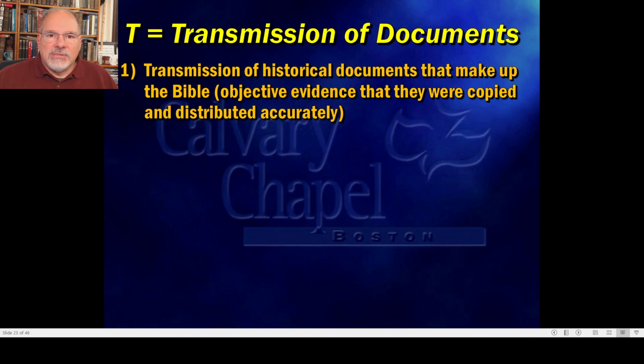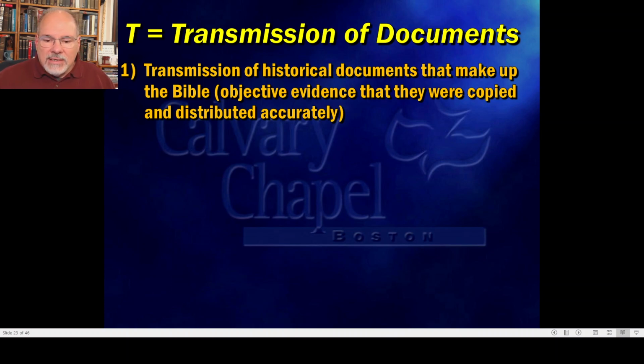The manuscripts, as we're looking at, especially the New Testament, were distributed in such a way that it was easy to see whether the copying was accurate. And for the Old Testament, it was a little bit simpler because the Jews maintained them very well. But for the New Testament, the church was spread out.